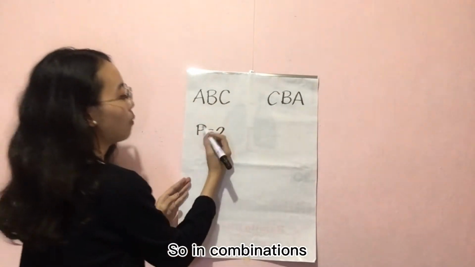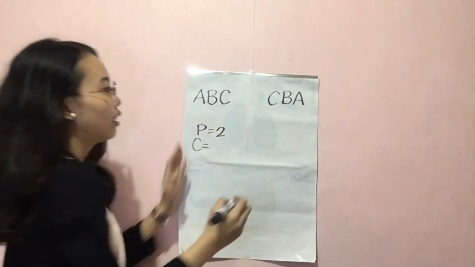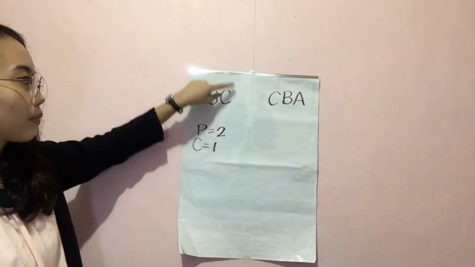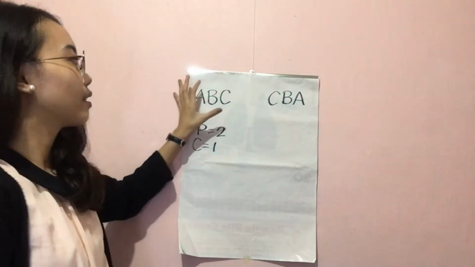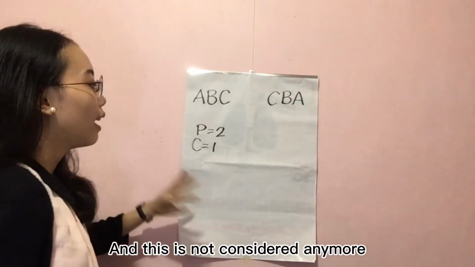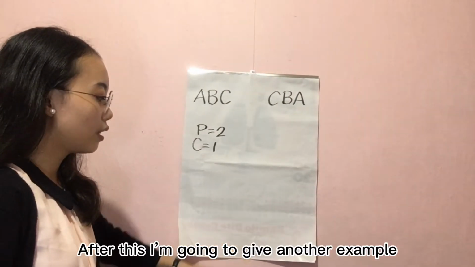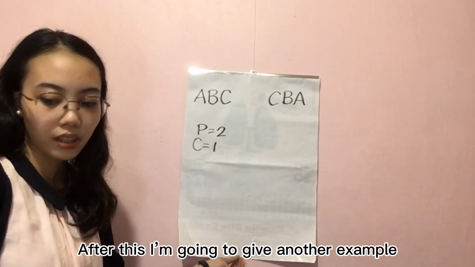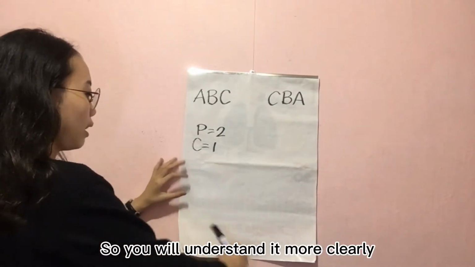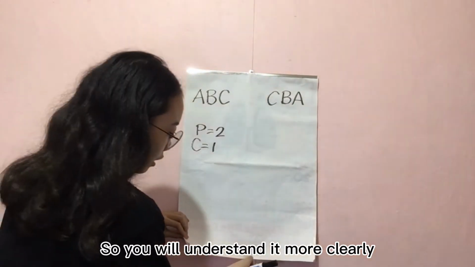So in combinations, it is only 1. This sums it up, and after this, I'm going to give another example so you will understand it more clearly.